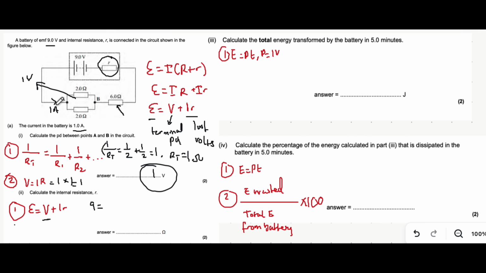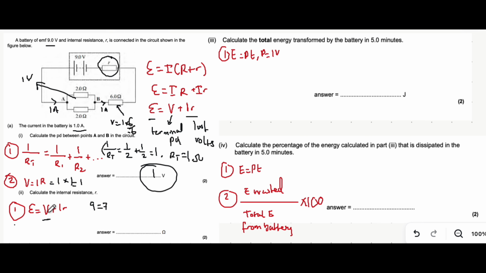Well, because 1 amp still flows through this resistor, because this is in series with the whole circuit, so it shares the same current as the whole circuit, we can say that the voltage across this component is the current of 1 multiplied by the resistance of 6, so that's 6 volts. 6 plus 1 is 7 volts, and that's the total voltage, the terminal voltage.